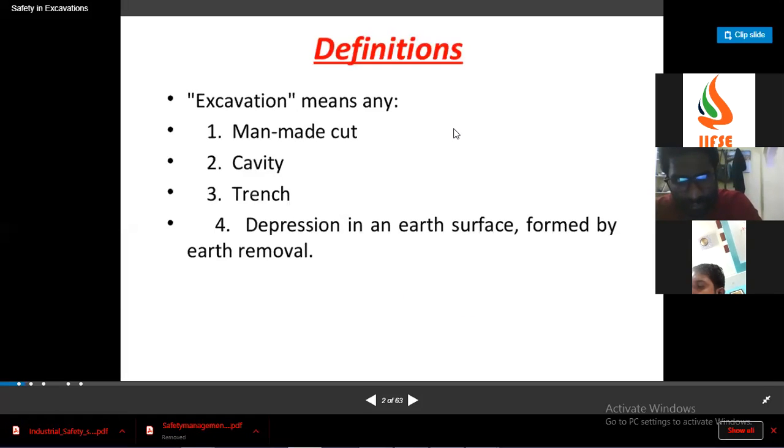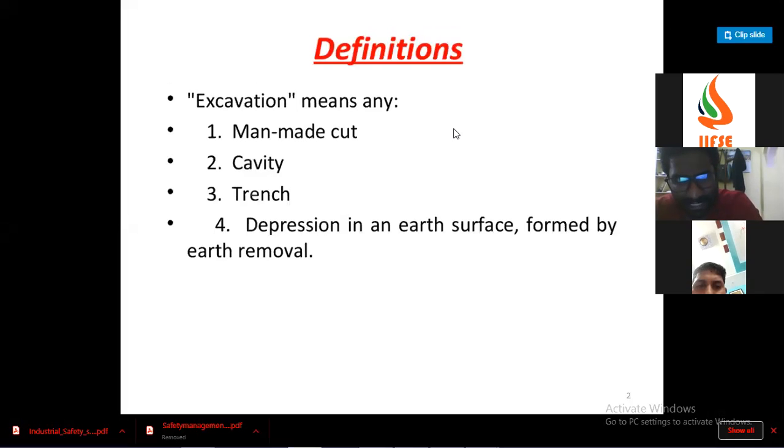Coming to the definitions, excavation means any man-made cut, cavity, trench, or depression in an earth surface formed by earth removal. Man-made cut; cavity means a small gap; trench can be 2 feet, 3 feet, or any depression on an earth surface formed by earth removal.